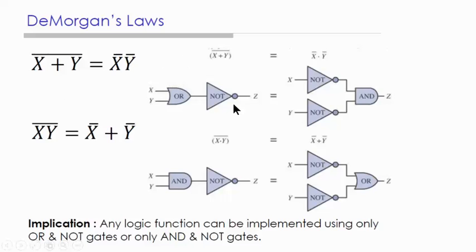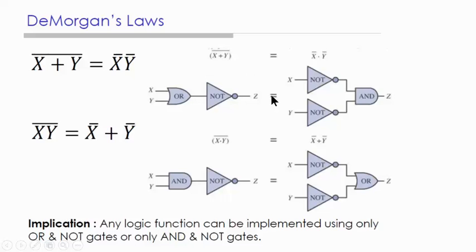So for example, here, x plus y inverted, right? First you need x plus y, so you need an OR gate. x and y are the two inputs, so its output will be x plus y. Now you have to invert it, and this is the symbol for the invert, NOT gate. So output z will be this.